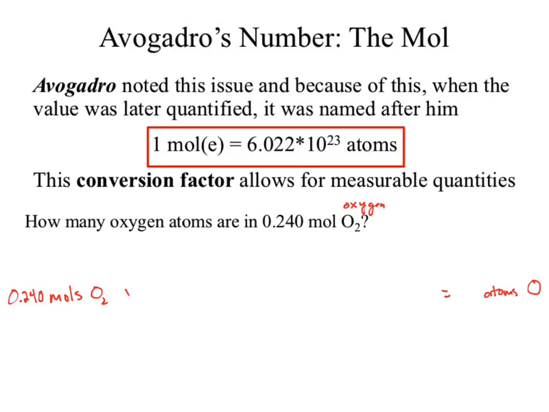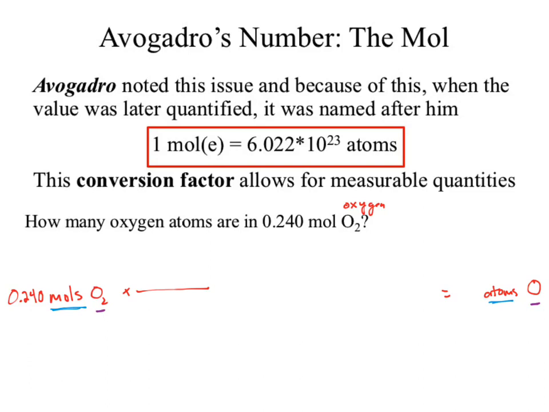So we now go through and look and say what changed. We've got moles and we have atoms. So our measurement unit has changed. Okay? The other thing to note is that we have O2 versus O. Okay? So our substance unit has also changed. So we're going to have to do two types of conversions.